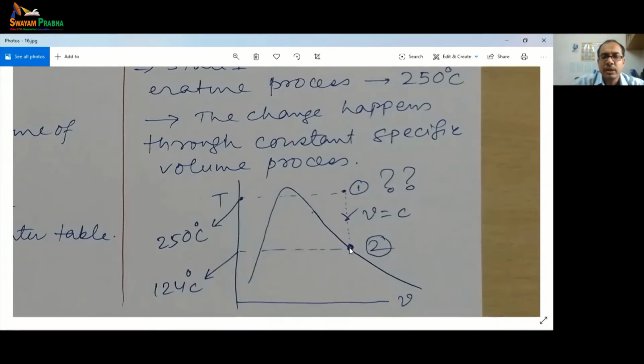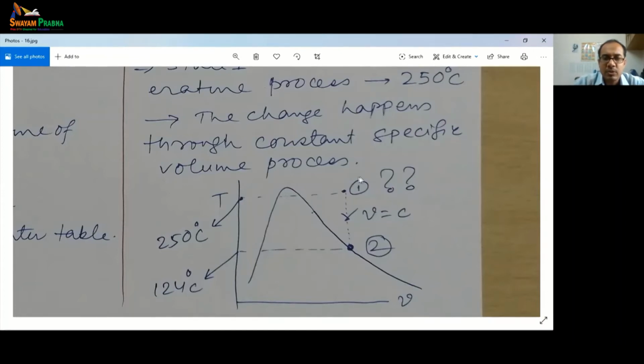And if state 1 is at higher temperature and the process is constant specific volume, it has to be somewhere here, right? And this state 1 has to be in the superheated vapor region. There is no other way it can come from a higher temperature with a constant specific volume process.